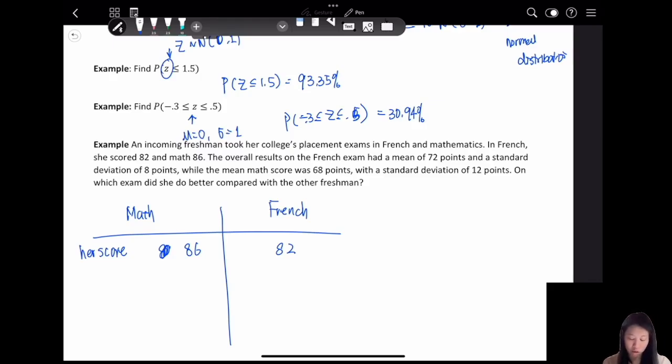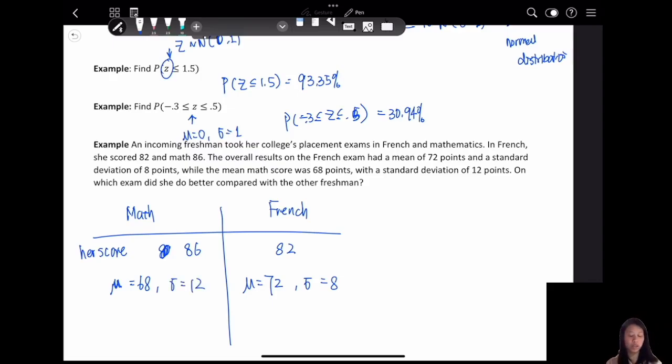The overall French result has a mean of 72 points and a standard deviation of 8 points, while the mean math score was 68 and the standard deviation is 12.